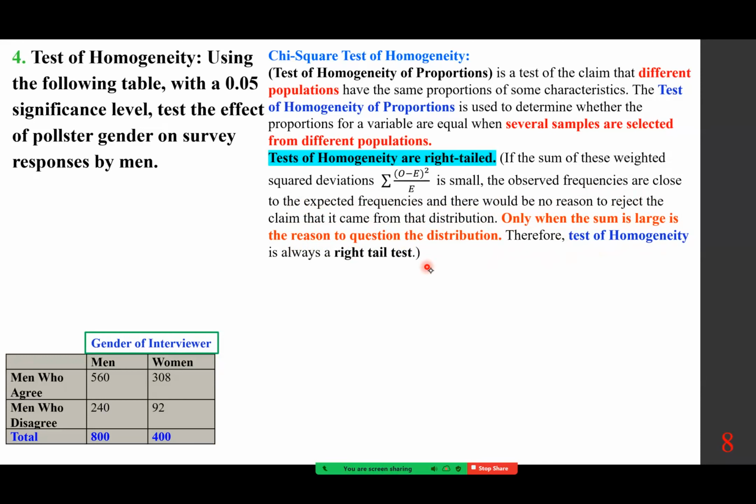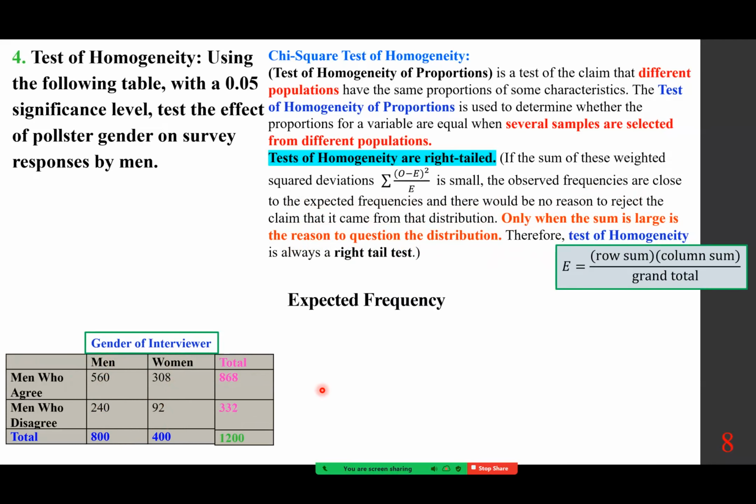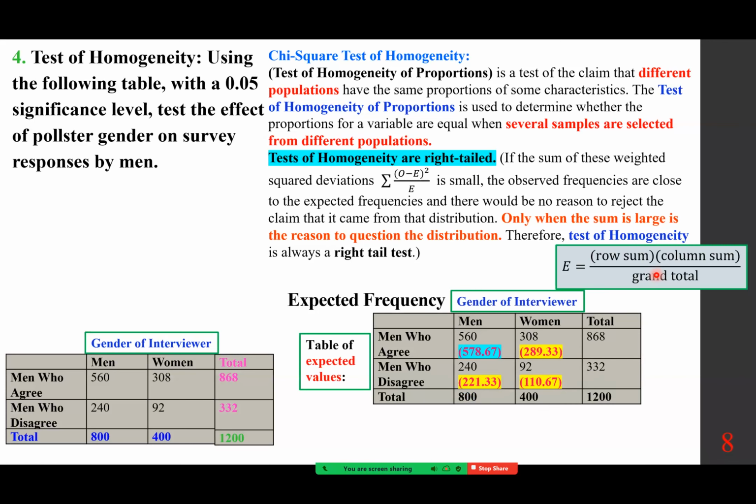So we do the totals again. We add these two numbers, we add these two numbers. We do the total here, we add these two numbers, we add these two numbers. The idea is that we want to find the expected value, and we do it in exactly the same manner. To find the expected frequency, row sum times column sum divided by grand total. So this is the table of expected values.